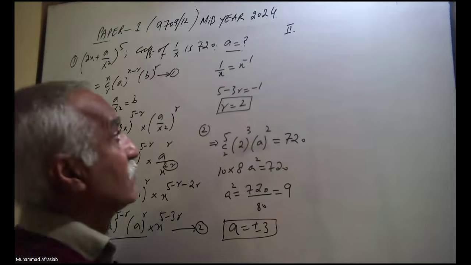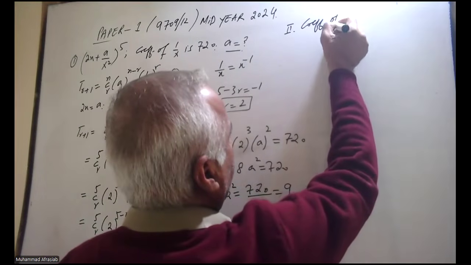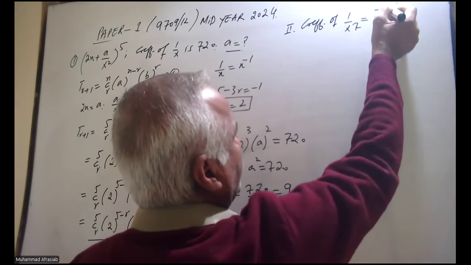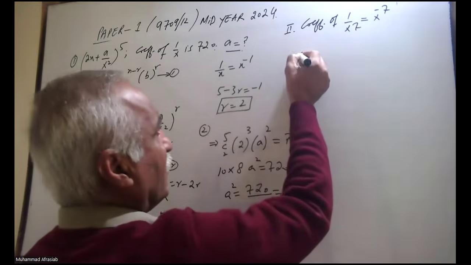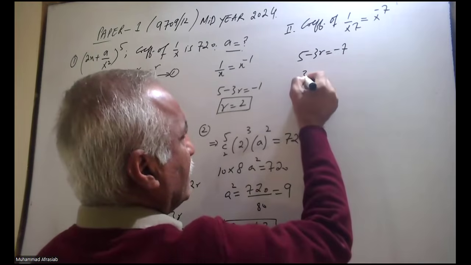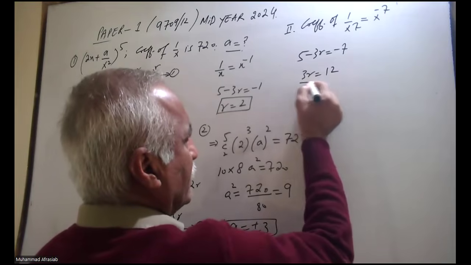So for the 1 over x power 7 coefficient, that means x power minus 7. If we compare it with equation number 2, 5 minus 3r should be equal to minus 7, or 3r should be equal to 12, or r should be equal to 4.